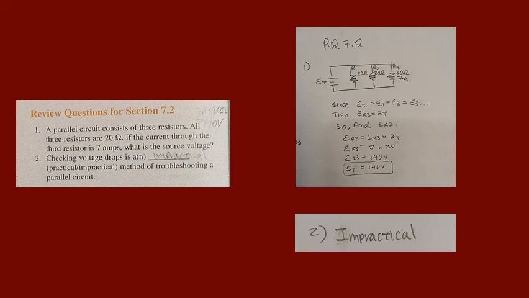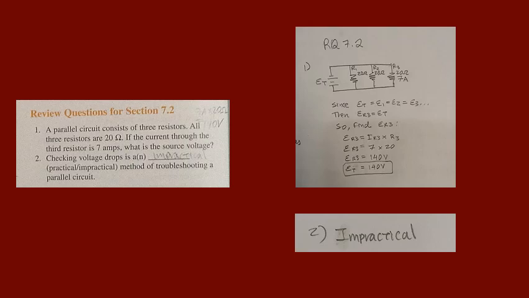And since the voltage total equals voltage 1 equals voltage 2 equals voltage 3, that is, at each resistor point, then the voltage drop at resistor 3 equals the voltage total. This is for a parallel circuit. So to find the voltage drop at resistor 3, voltage drop at resistor 3 equals the current at resistor 3 times the resistance at resistor 3.